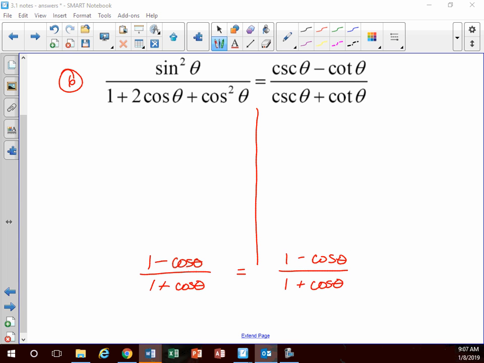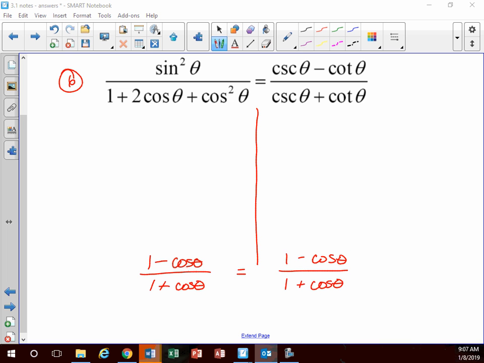I have a one where, on the bottom, I have one plus. That's so weird, because there's a one plus in front of it up there.